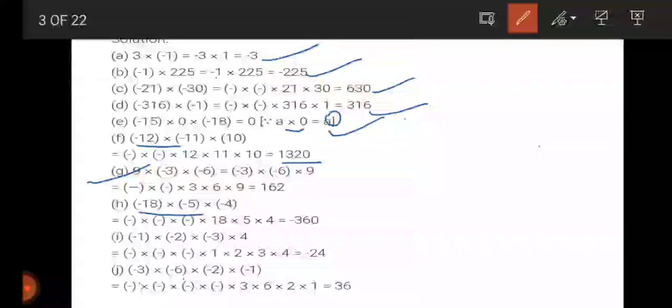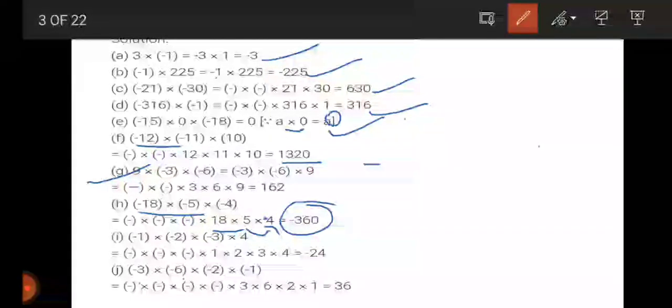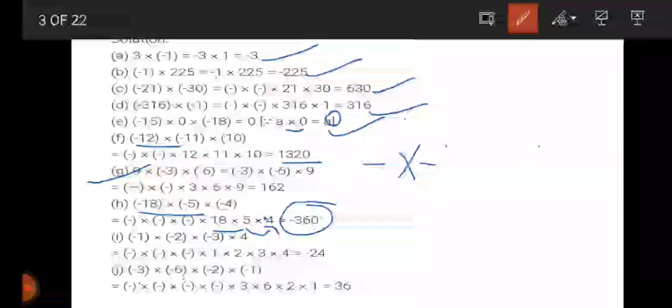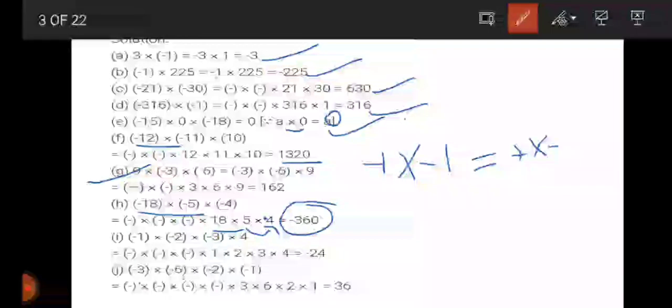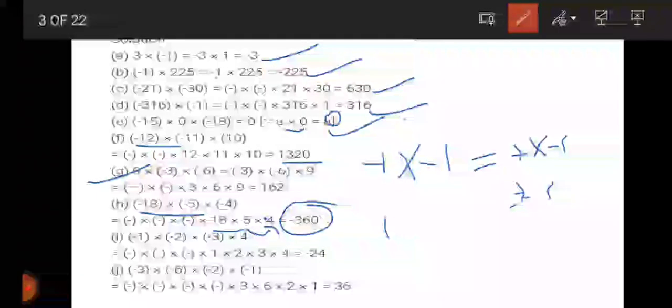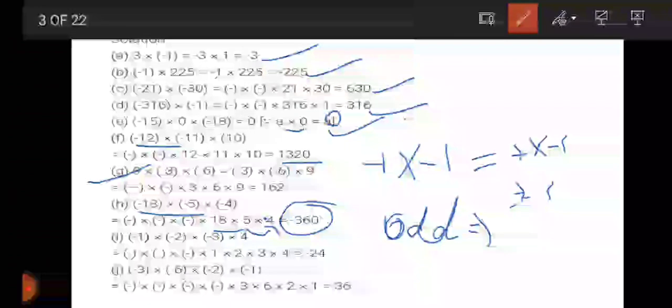It means I explain this question, first you multiply as it is. Then you take the product with this number and get the answer. Here there are 3 times minus, so 3 times minus means first you multiply minus minus, so you get plus, and after that you multiply by minus, so you get minus. If the number of given negative integers is odd, you always get a negative answer.